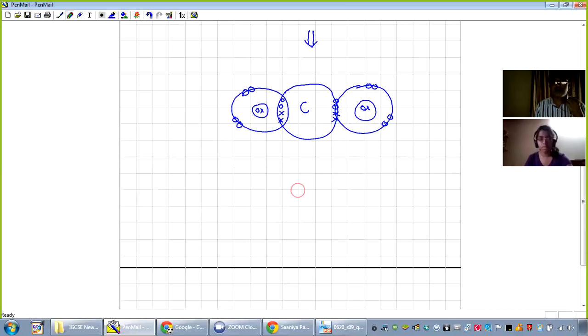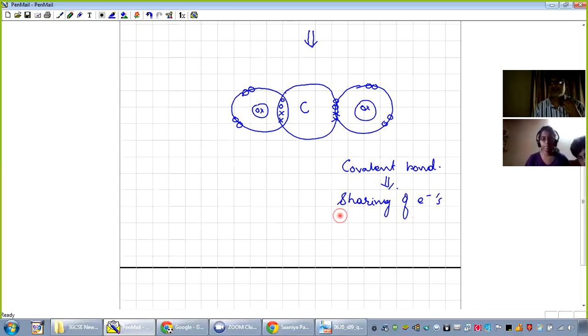Covalent. Correct, it's known as a covalent bond. A covalent bond will be there when there is sharing of electrons. Can you tell me what other kind of bond is there? I don't know.